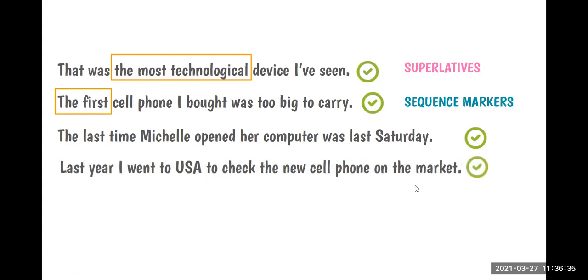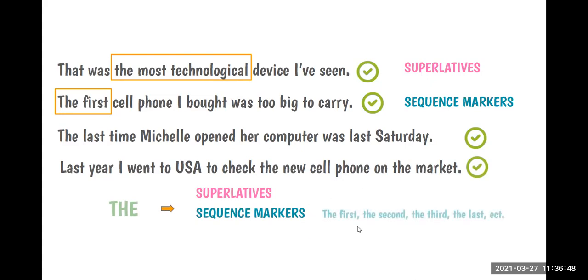Okay? Very good. So remember, we use the when we are using superlatives, also when we are using sequence markers. For example, the first, the second, the third, the last, okay? And we don't use the when we have these time expressions with next. For example, next week, we don't say the next week, or next month, next year.